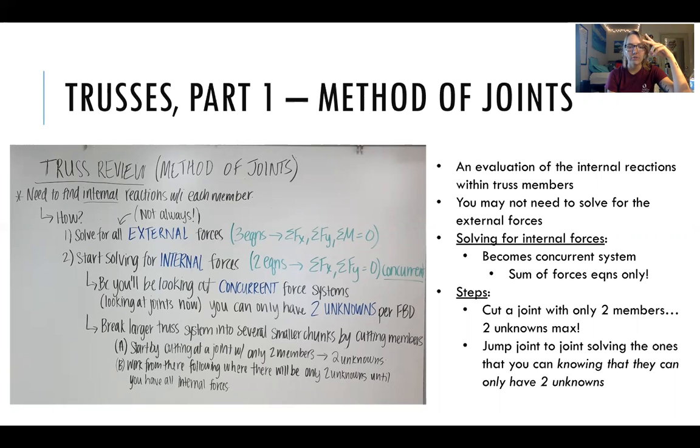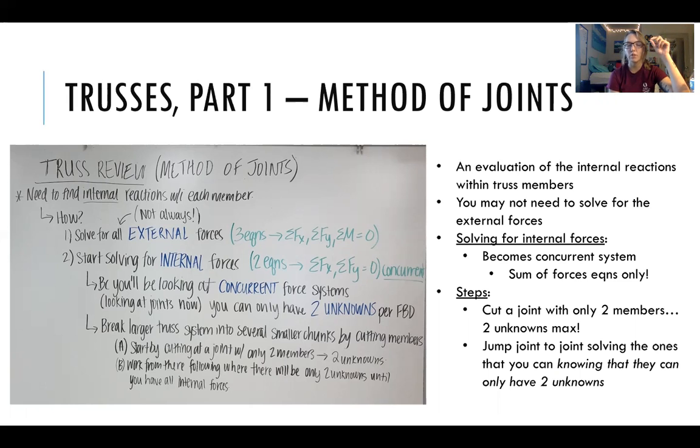So once you find that, you look at as many joints as you need to solve for what the question's asking. So you're going to break it up into individual free body diagrams and say, well, I know that the force at each joint has to be 0, right? So you just do a bunch of sum of the x, sum of the y, solve for your unknowns.